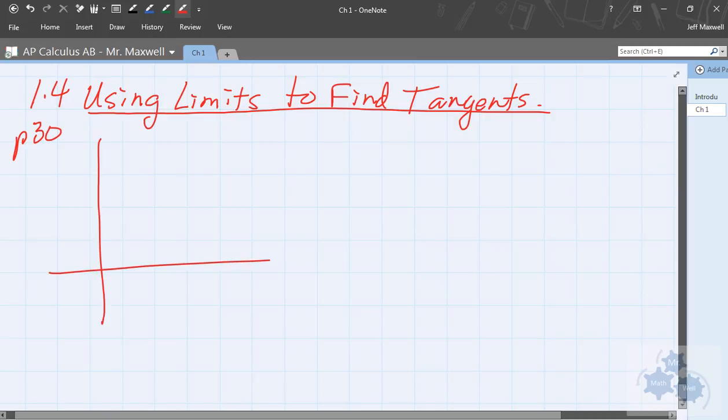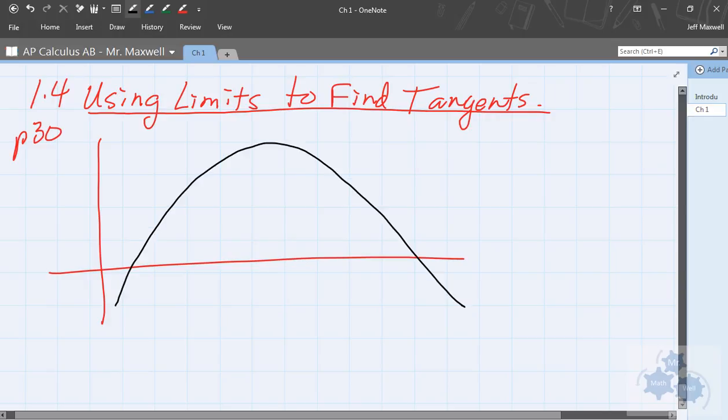So I want to just quickly draw a graph here for you, something similar to what's in the textbook. And let's say that we have A right here. That's this x value. It's A, and this is the point where we're trying to find the slope of the tangent line at this point.